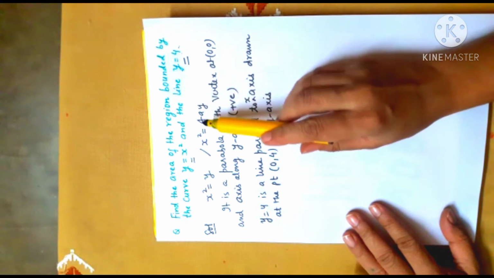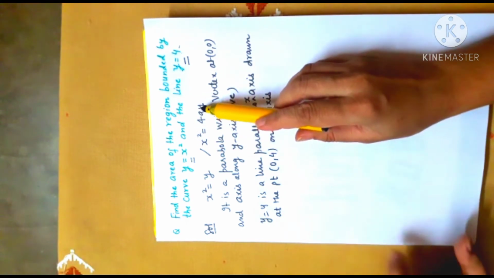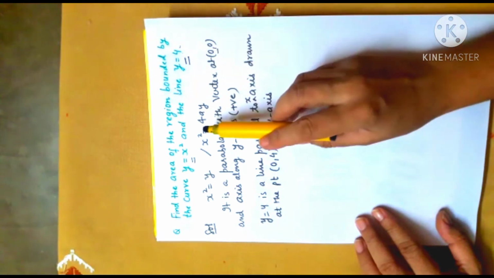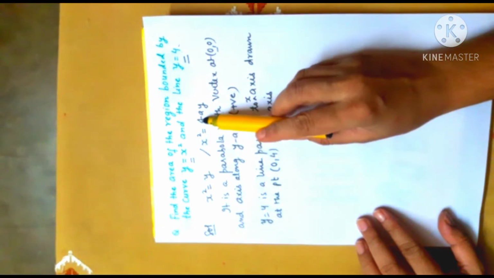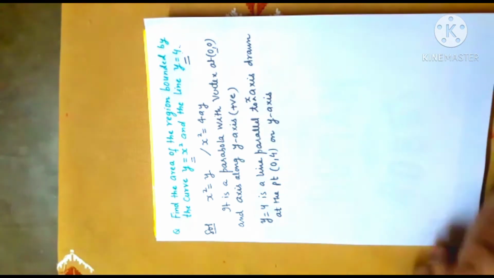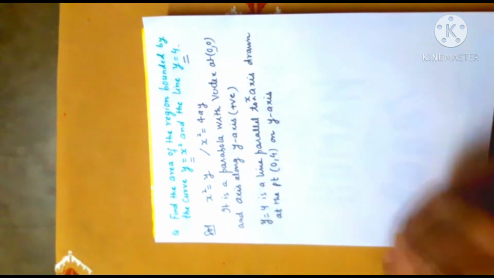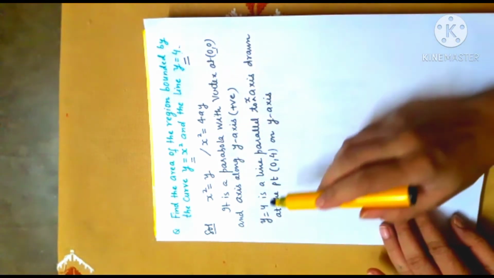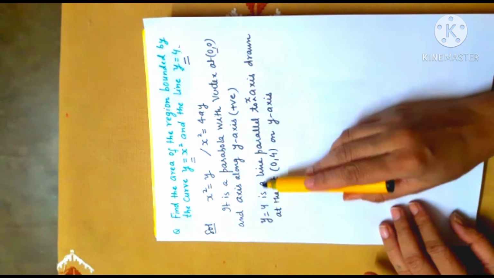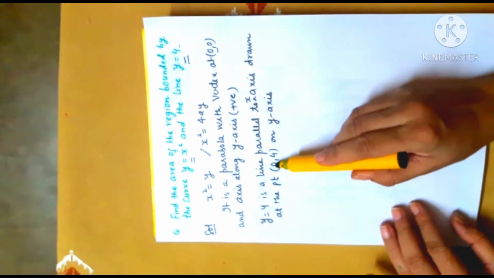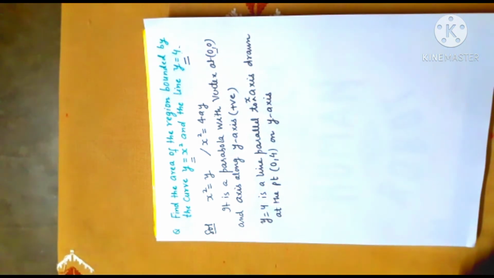In class 11th, you learned that it represents a parabola with vertex at origin and it is symmetrical about positive y-axis. That means this parabola will open upwards, right? Y equal to 4 is a line parallel to x-axis drawn at the point 0, 4.